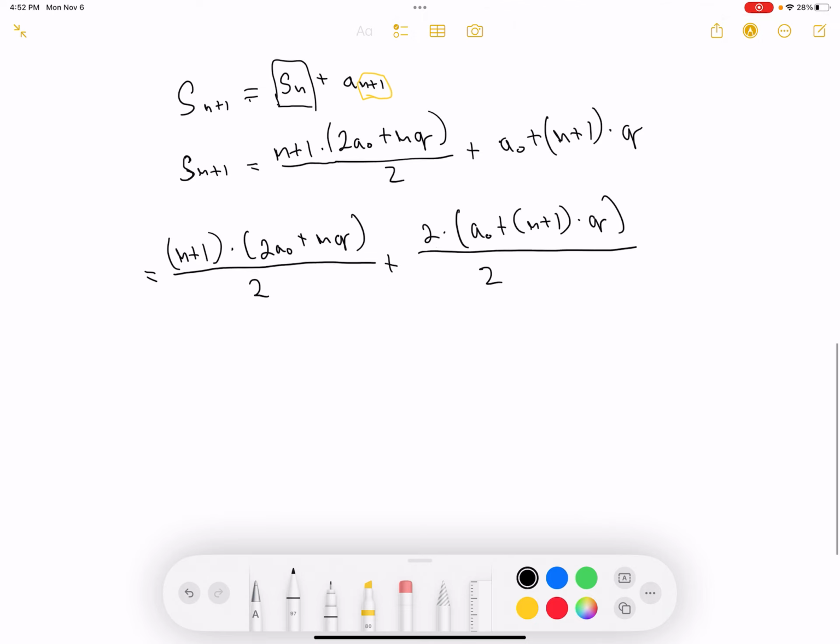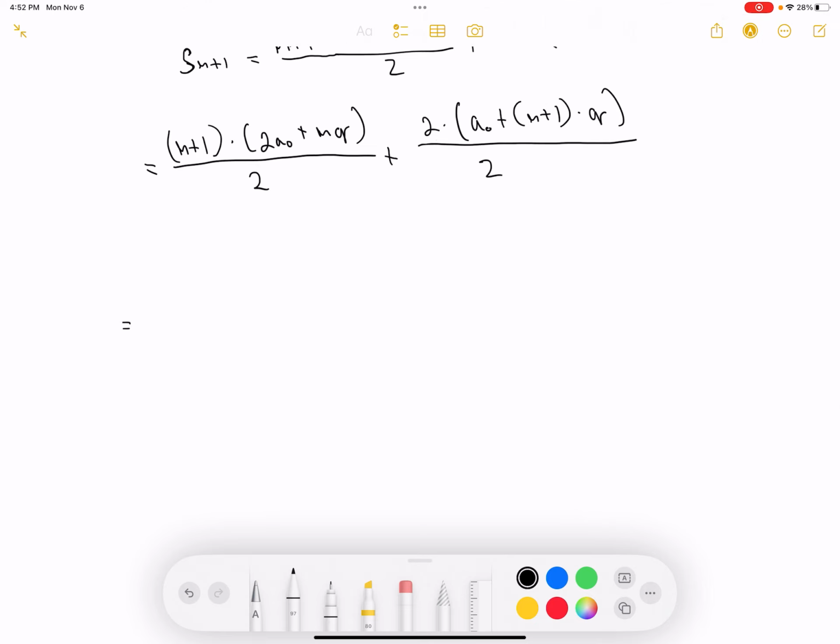And let's just factor everything out and see how we can rearrange this thing.